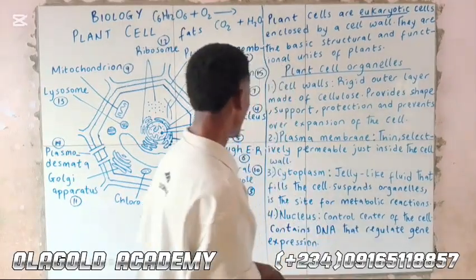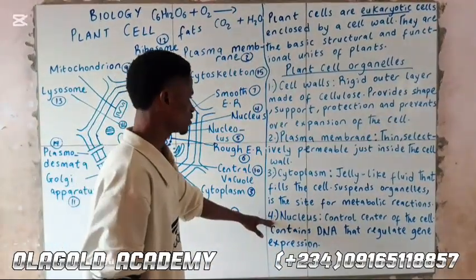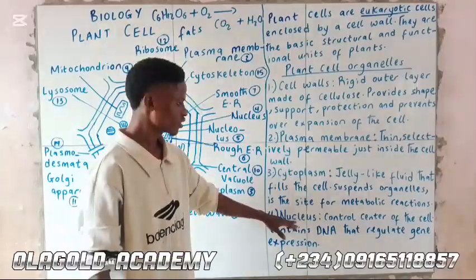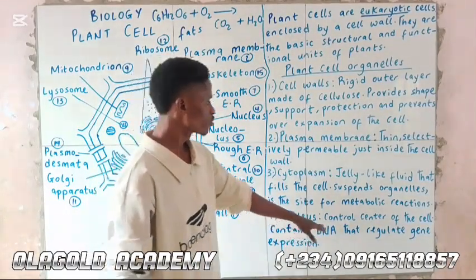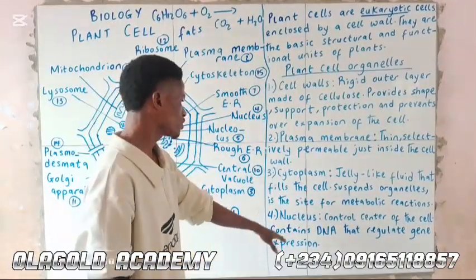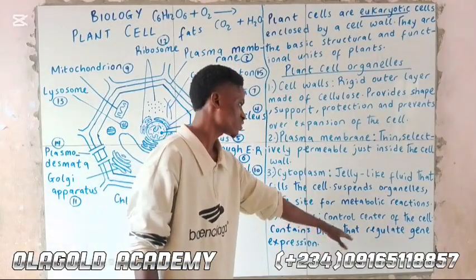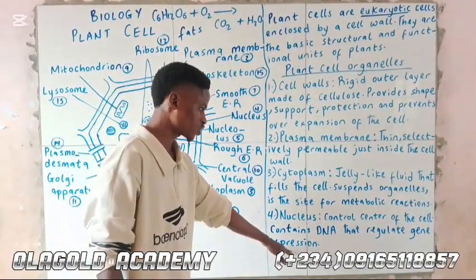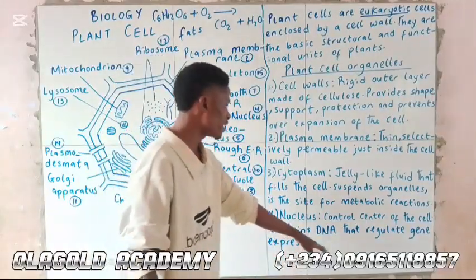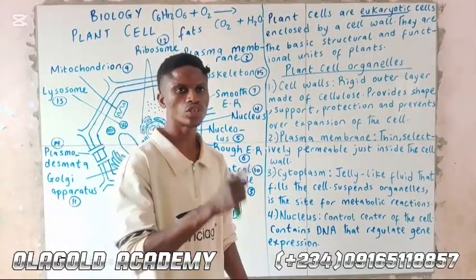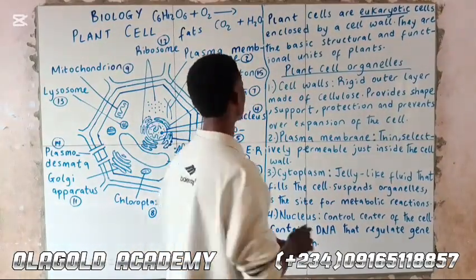Alright, number 4 that we're having here is the nucleus. The nucleus is the control center of the cell. It contains DNA that regulates gene expression, and the full meaning of DNA is deoxyribonucleic acid.